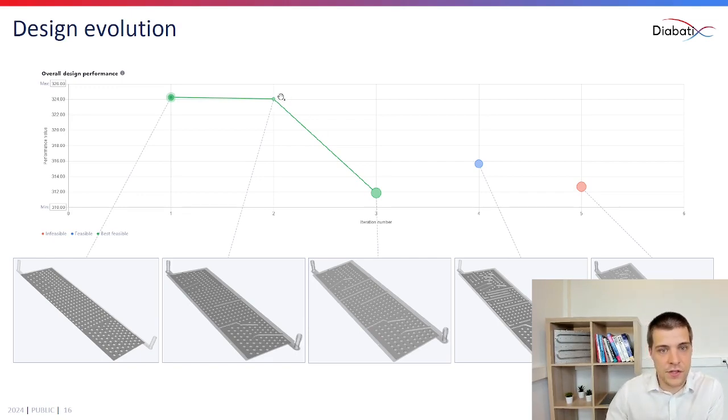So in iteration 2, it created some structures to force the flow to snake around it. In iteration 3, there is still pressure drop available, so ColdStream again added more structures, and so on and so on.